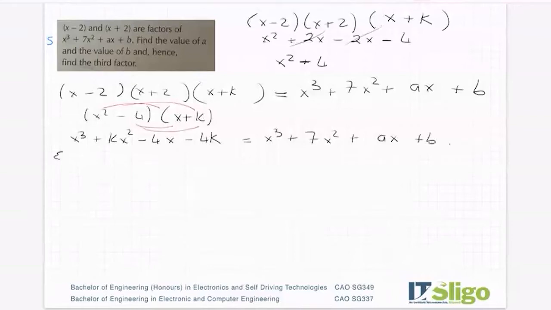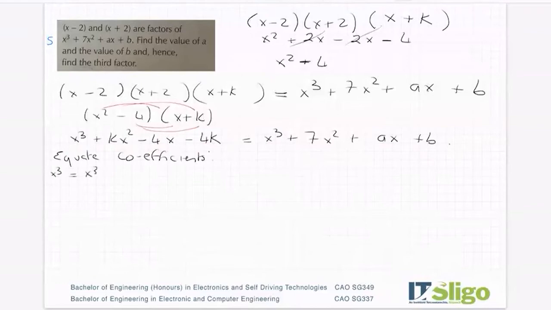Okay, and this is where you equate the coefficients. In other words, the x cubes equals the x cubes, the x squares equals the x squares, the x's equal the x's, and the number at the end equals the number at the end. Okay, so you can do it like this.